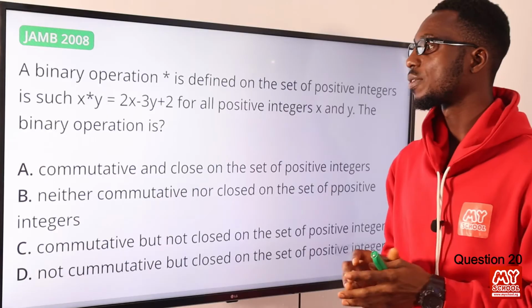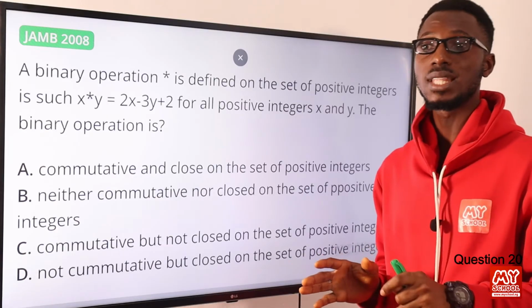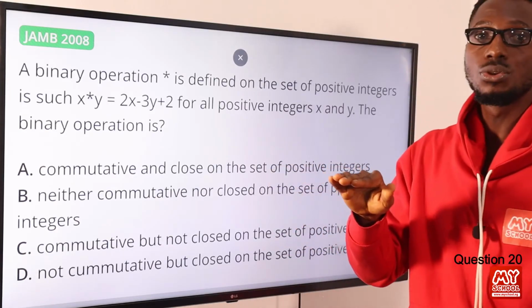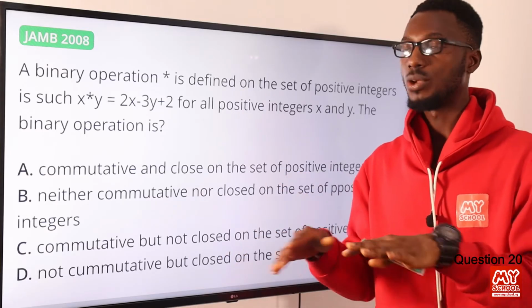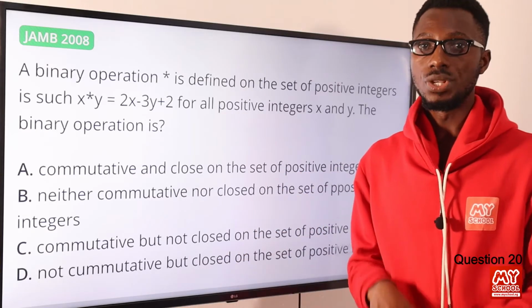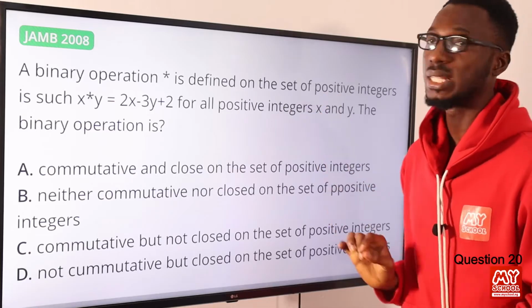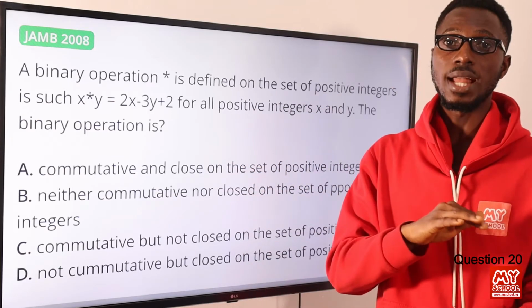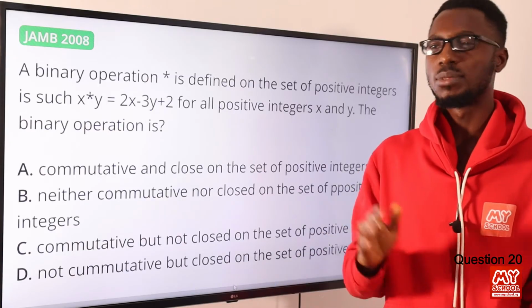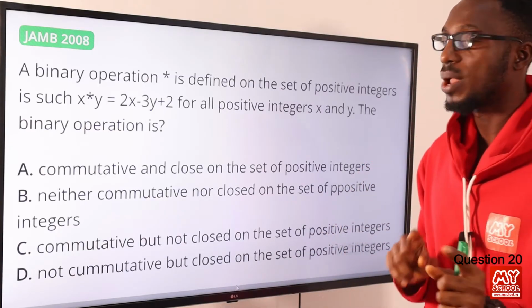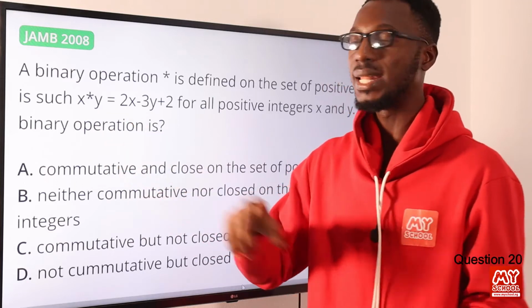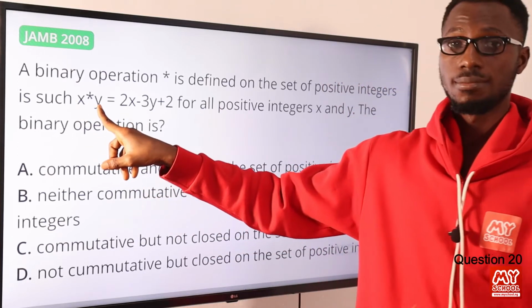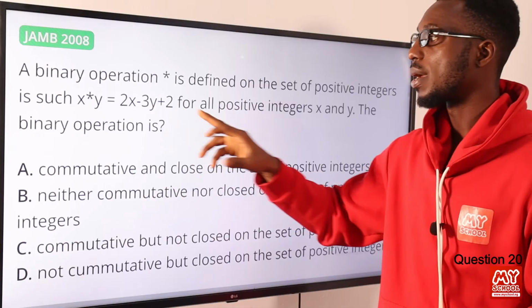All right, let's test for commutative. Commutative means that even if you switch the values of x and y, you should still have the same result under the condition of being positive integers. So if I flip the values of x and y, let's see if we get the same thing. We used 1 for x and 2 for y, and we got minus 2.